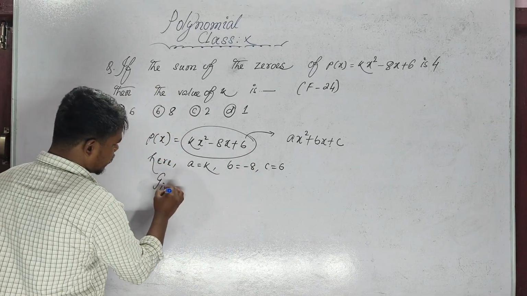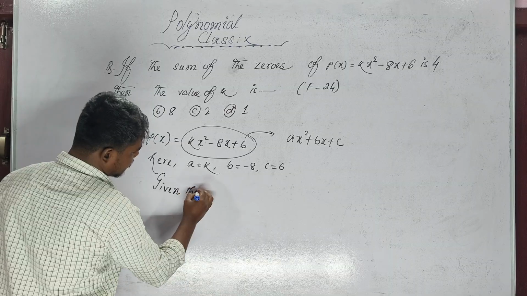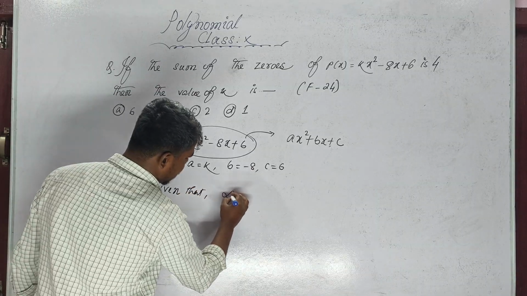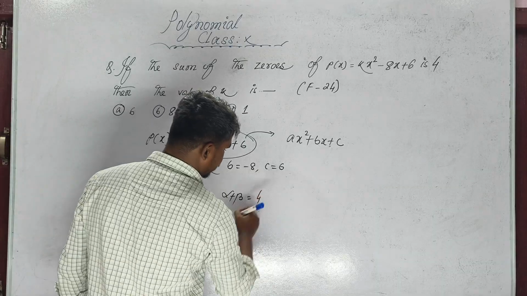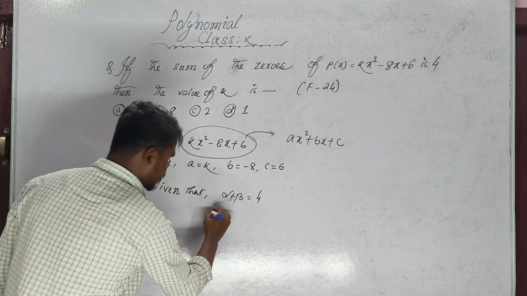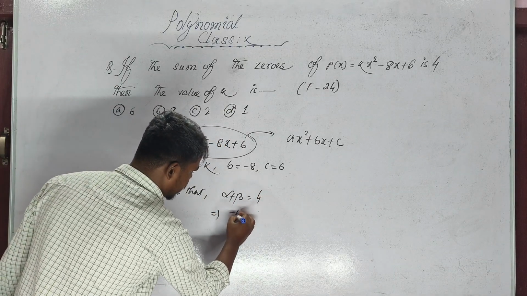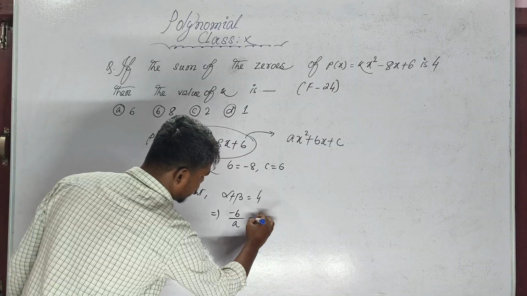What is given? The sum of the zeros. Given that the sum of the zeros, alpha plus beta, equal to 4. Yes or no? My dear student, we know alpha plus beta equal to minus b by a equal to 4.